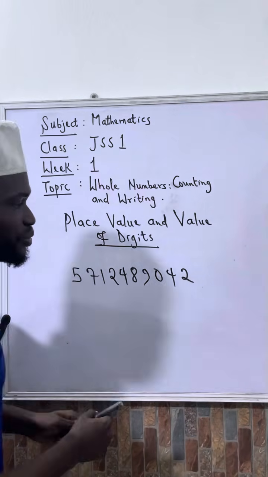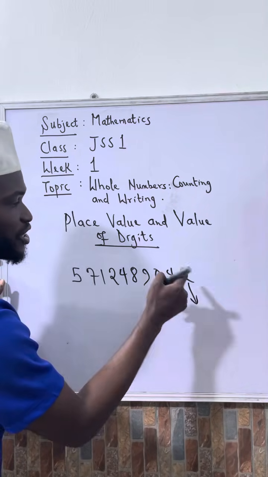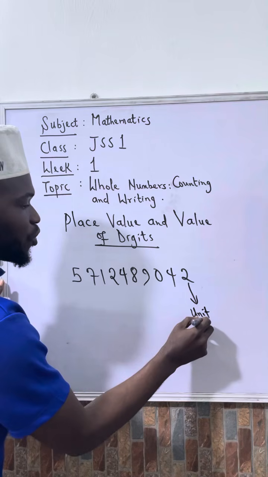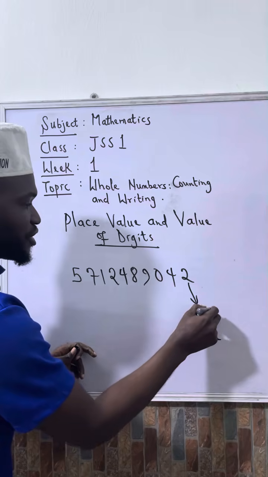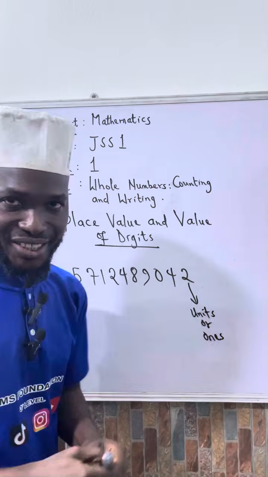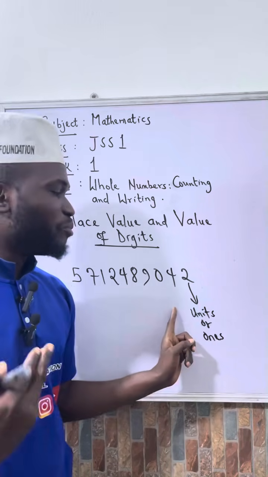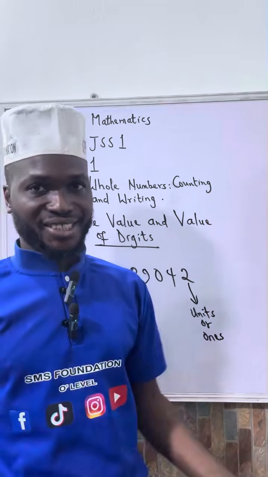For example, for this 2, if you are asked for its place value, the place value of 2 is units, or you call it ones. So this is 2 units or 2 ones. In Nigeria, we use units more, but in foreign countries they call it ones.